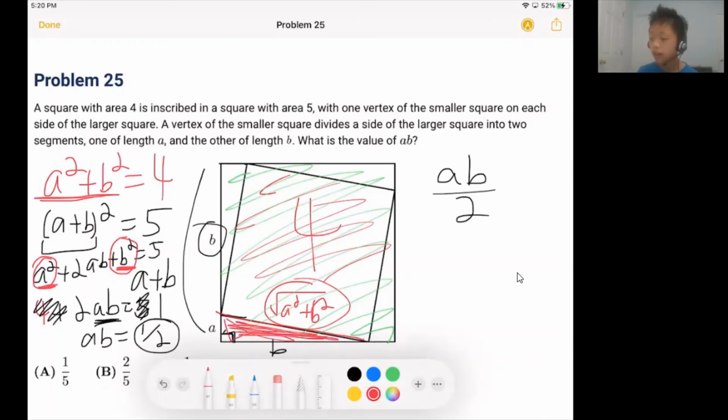To find the area of the four small triangles, take the area of the big square, 5, and subtract the area of the small square, 4. The sum of the areas of the four congruent triangles must be 1, so each triangle has area 1/4, which tells us AB must equal 1/2. That might be a faster way to solve this problem, but the algebraic way is definitely also a valid solution.